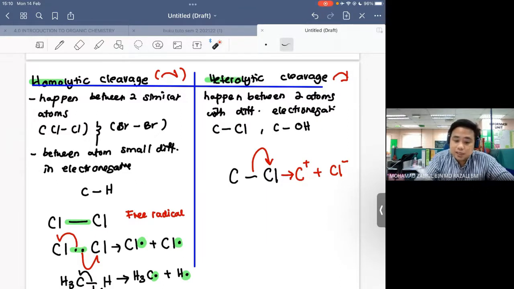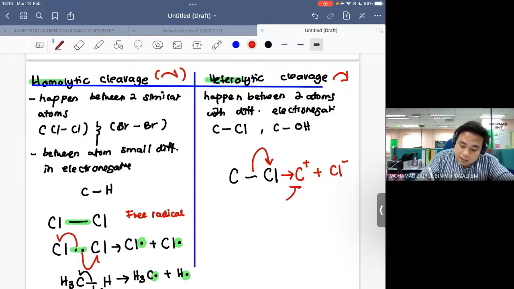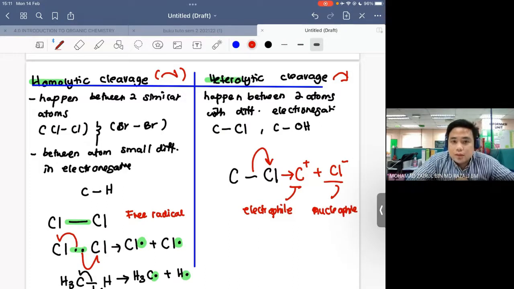The positive charge we call an electrophile, and the negative charge we call a nucleophile. Okay, that's the difference between homolytic and heterolytic cleavage.